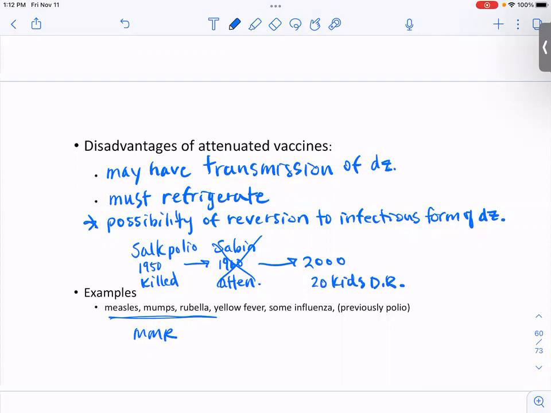The one that works best in kids from about the age of 8 to 12 is actually a strain of flu virus that only replicates in colder temperatures. So it will replicate in the nose, but not down in the lungs. Apparently that works best for kids of a certain age. Chickenpox is another one that's attenuated.